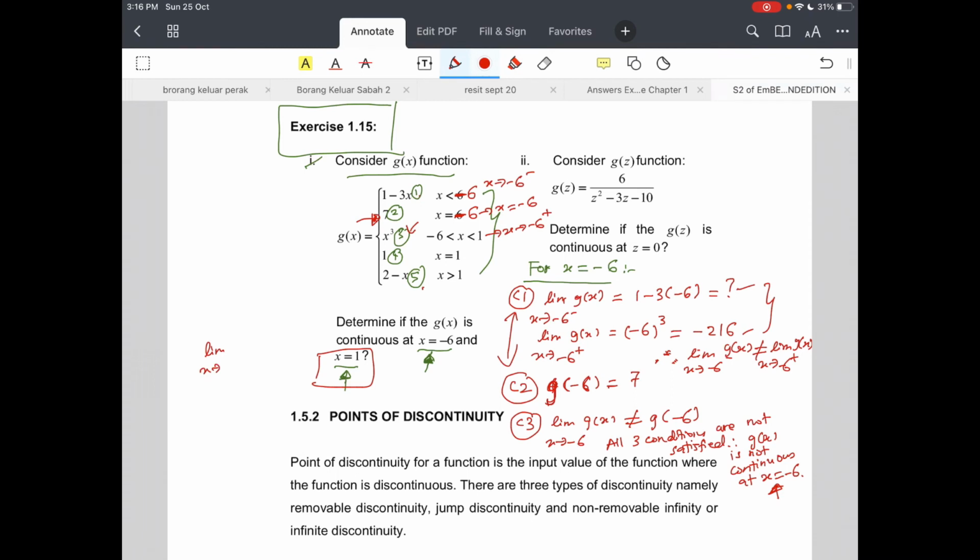For this one, the limit as x approaches 1 from the right side, you may get 1 if I'm not mistaken. This one you will get all 1. It will satisfy all three conditions. So this one is also the same.